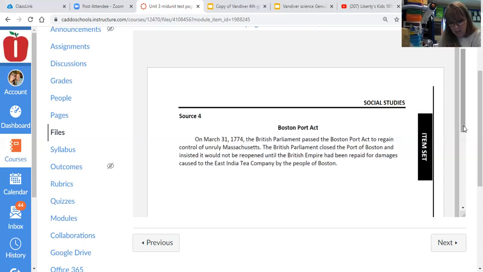D, it led the colonists to declare independence from the British Empire. What is the best description of the lasting impact that the acts had on the American colonists? It is D. It led the colonists to declare independence from the British Empire.